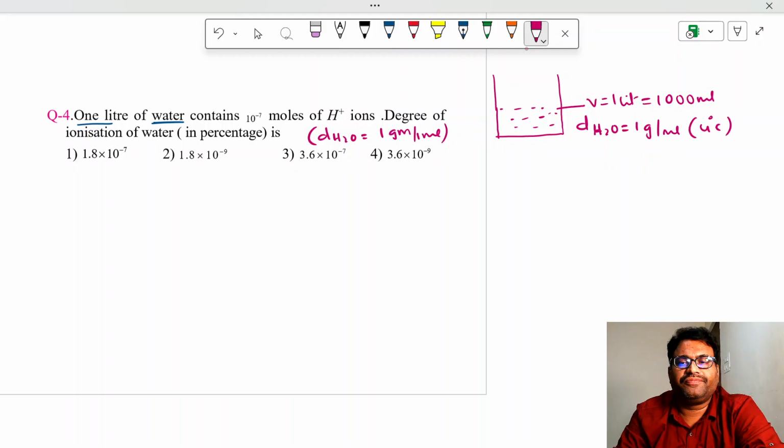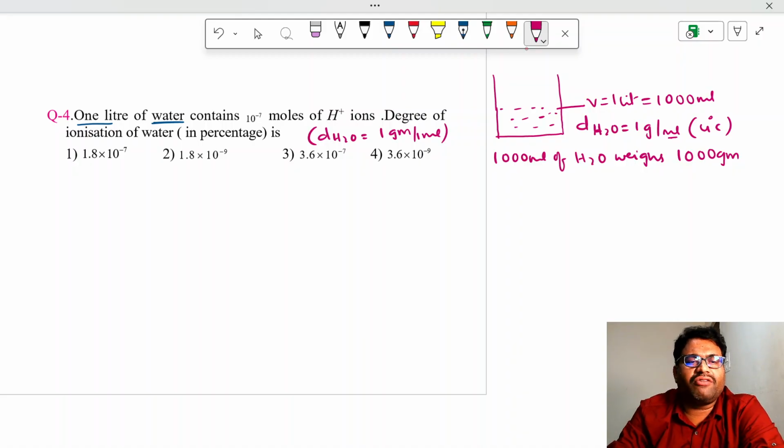And that means 1000 ml of water weighs how much? 1 ml weighs 1 gram. So 1000 ml weighs 1000 grams, right?